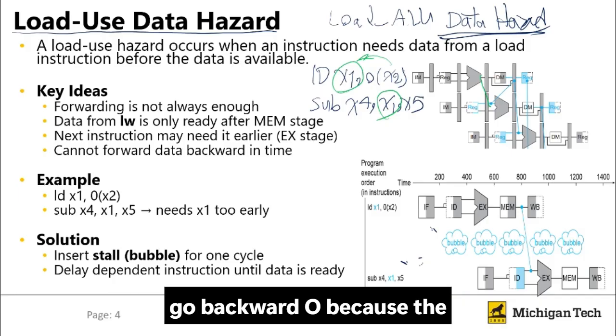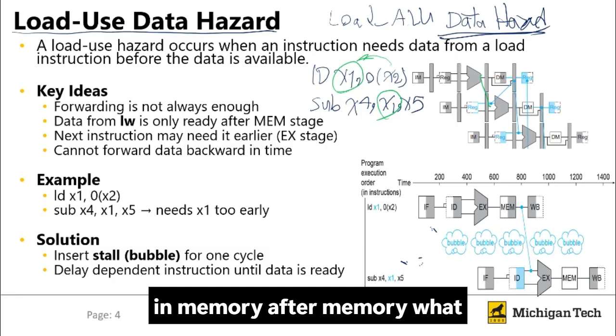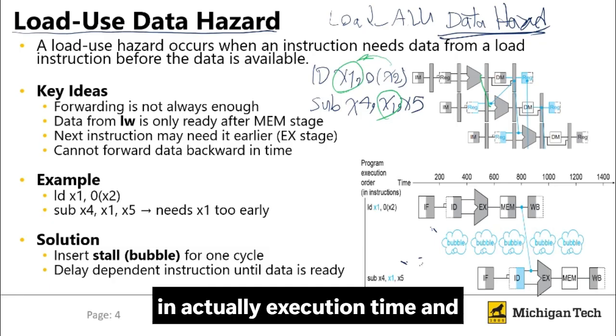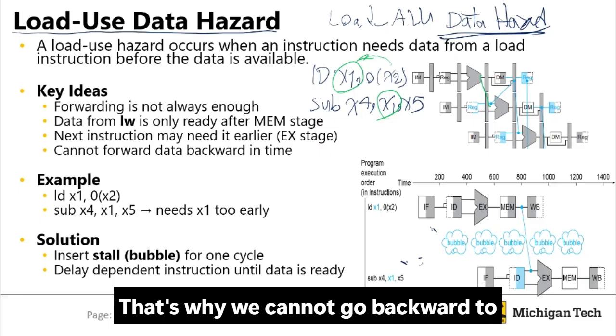Because we cannot go backward. The output of the load is ready after memory, but we want to access it in execution time, and execution is before memory. That's why we cannot go backward.